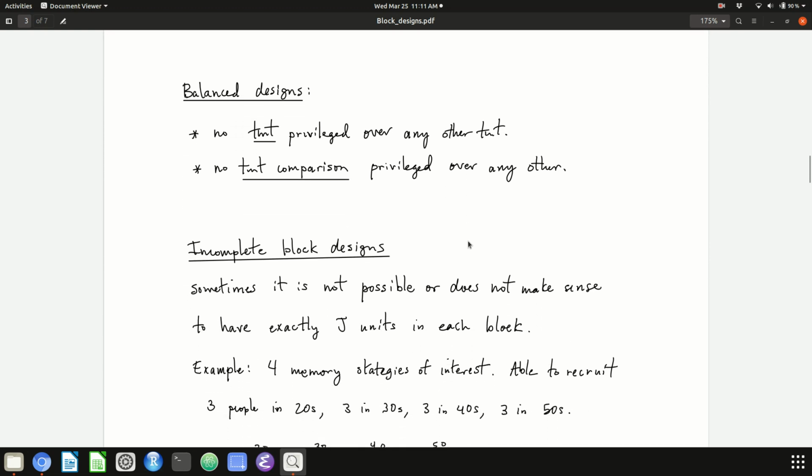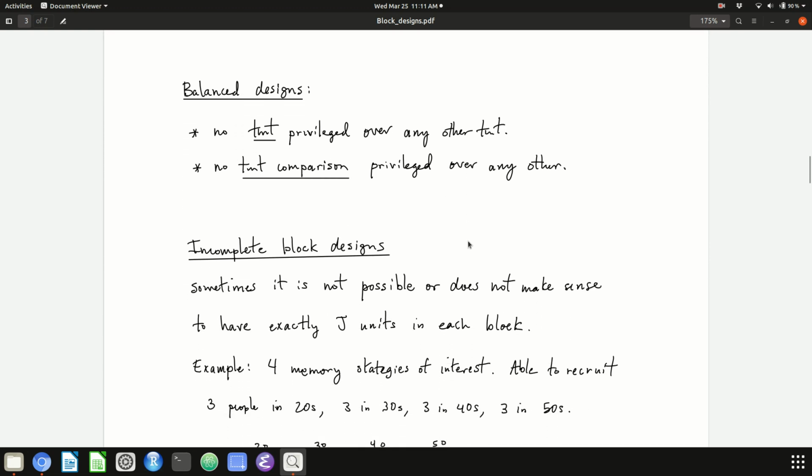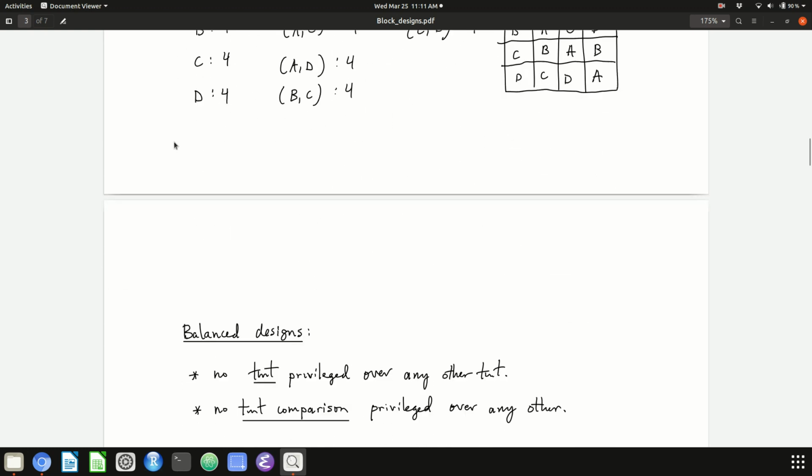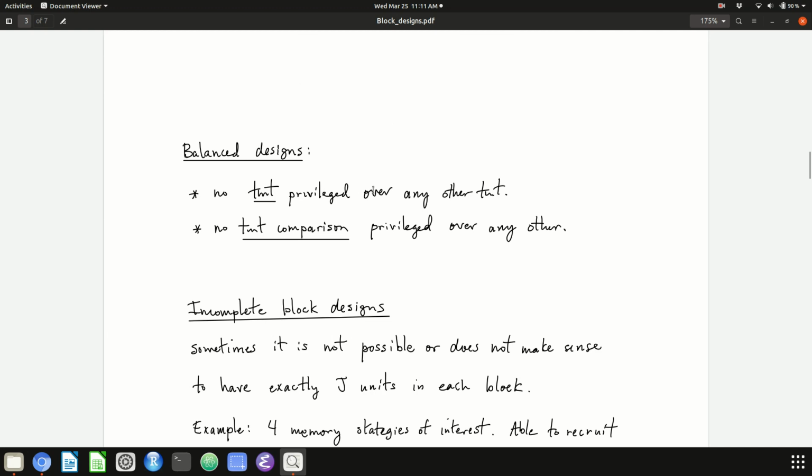Okay, so in balanced designs, the basic idea is that because each treatment appears an equal number of times, no treatment is privileged over any other treatment. And because each pair of treatments appears together in the same block an equal number of times, no treatment comparison is privileged over any other.